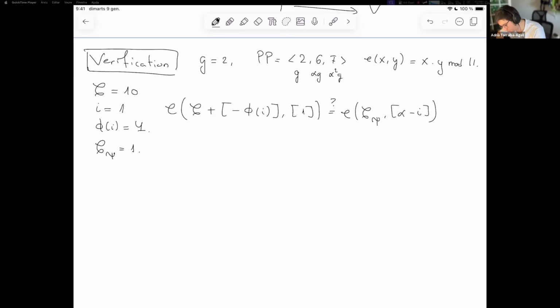Here I compressed the last expression that we proved in the presentation to these two pairings. So if we find that the left-hand side is equal to the right-hand side, the verifier accepts the proof. This is the same as G to 1 that we saw in the presentation, and this is the same as G to alpha minus I. So let's start with the left-hand side.